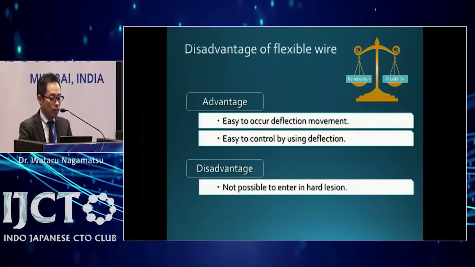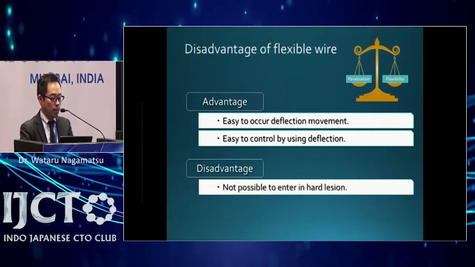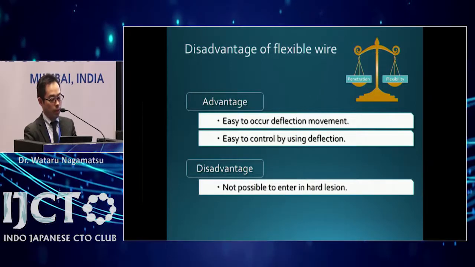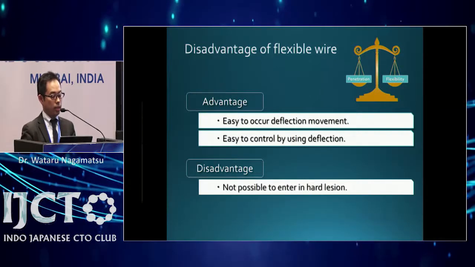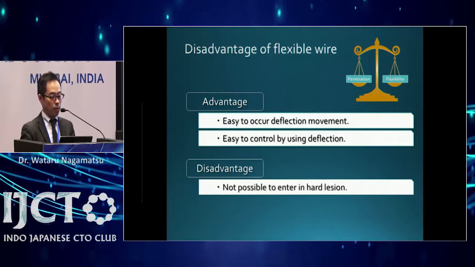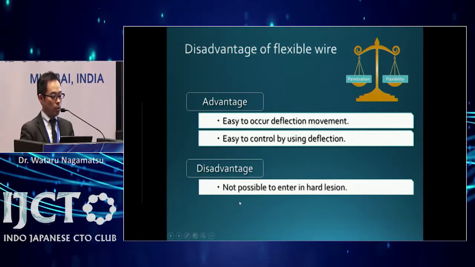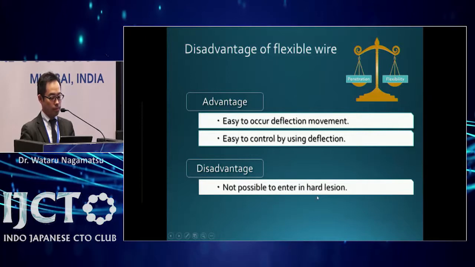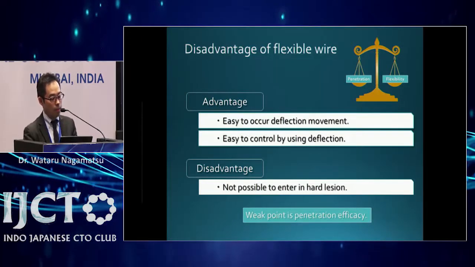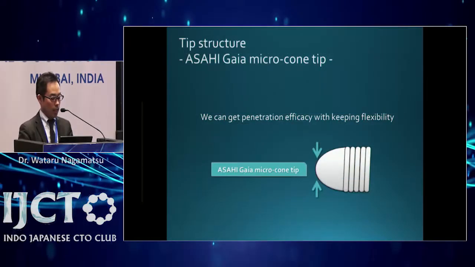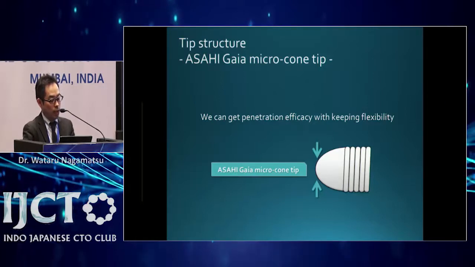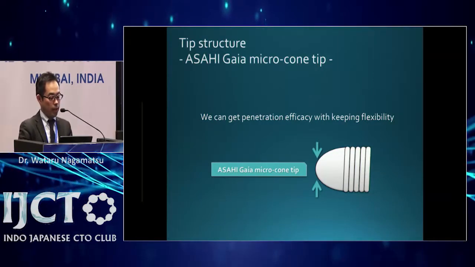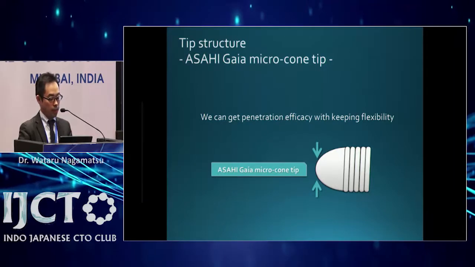But let's think about the disadvantage of this flexible guide wire, another say soft guide wire. It is not possible to enter a hard region, and the weak point is penetration efficacy. The tip structure of the Gaia Microcone tip improves this problem.